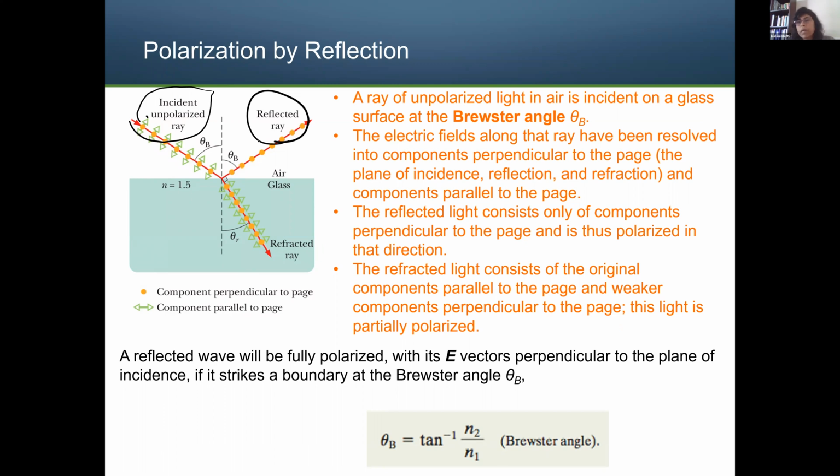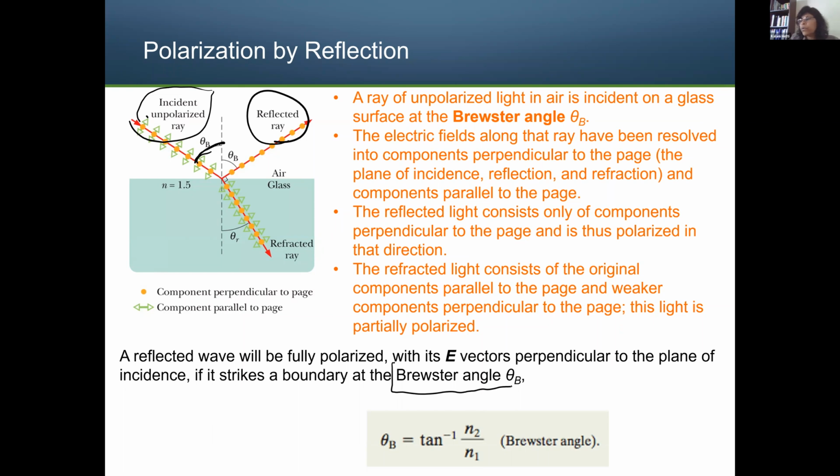Polarized or partially polarized, it doesn't matter, but the important thing is the reflected ray is going to be fully polarized. At that time, we call the angle that I have in here theta B.